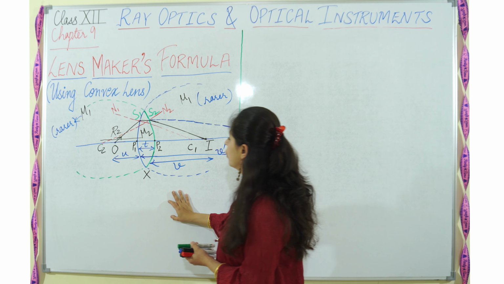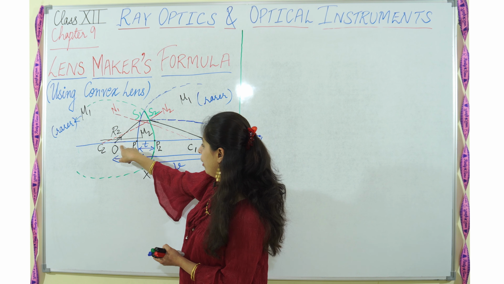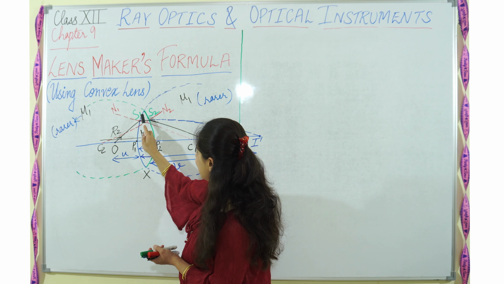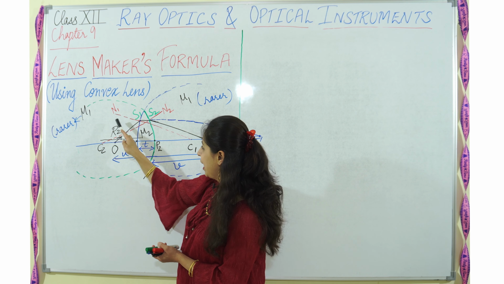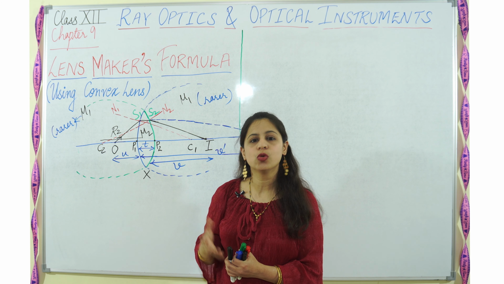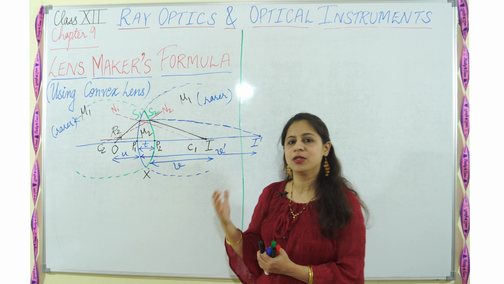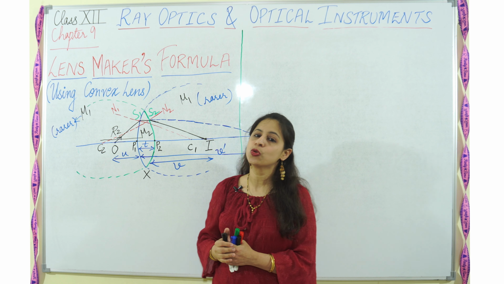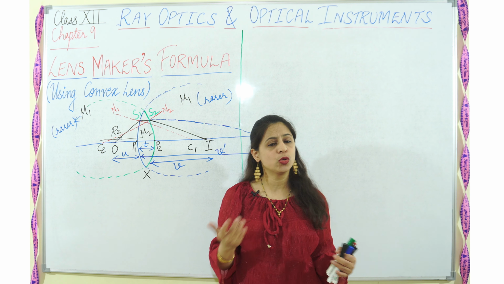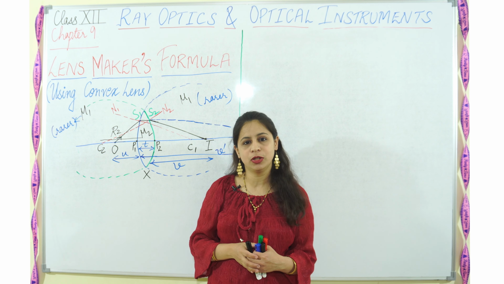Now we can see over here clearly that my ray travels from O and strikes the surface S1. Now the ray is traveling from a rarer medium to the denser medium. When my ray travels from a rarer medium to a denser medium, it bends towards the normal. And when my ray travels from a denser medium to a rarer medium, it bends away from the normal.